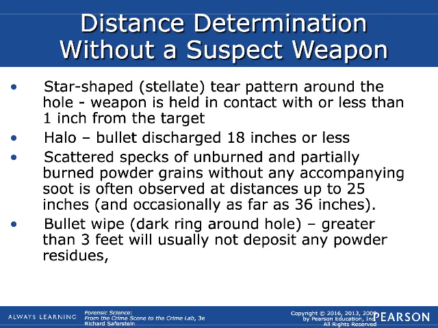You can get scattered specks of unburned and partially burned powder without any soot if the shot is fired up to 25 inches away. And then you also get this thing called a bullet wipe if you're greater than 3 feet away. So you just get a dark ring around the hole, but you don't get any powder residue.